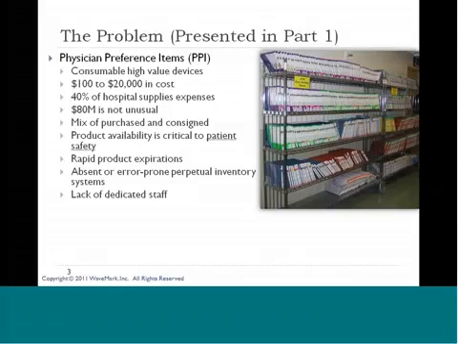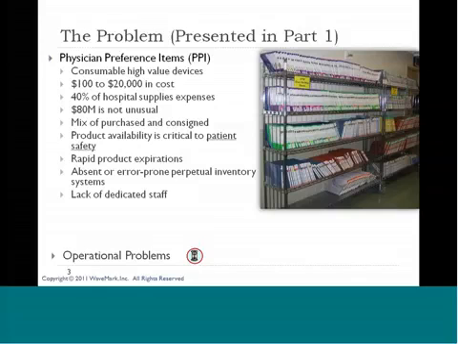They constitute quite a large chunk of total hospital supply expenses, both in terms of percentage as well as in terms of the mix, which is complex. It consists of purchased as well as consigned products still owned by manufacturers. The availability of these products is critical to patient care. They have expiration issues. Hospitals don't have good inventory management systems. There's a lack of dedicated staff and so on.